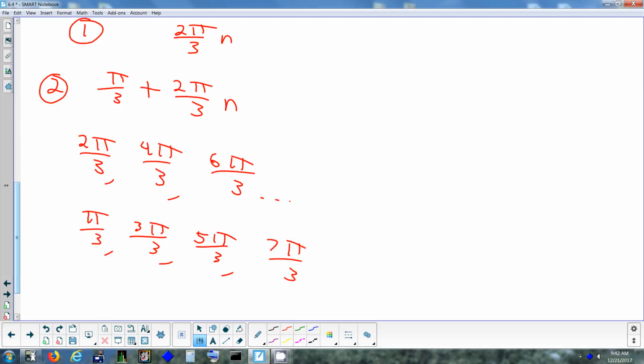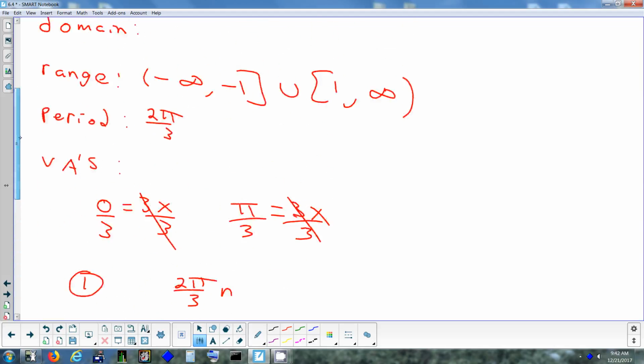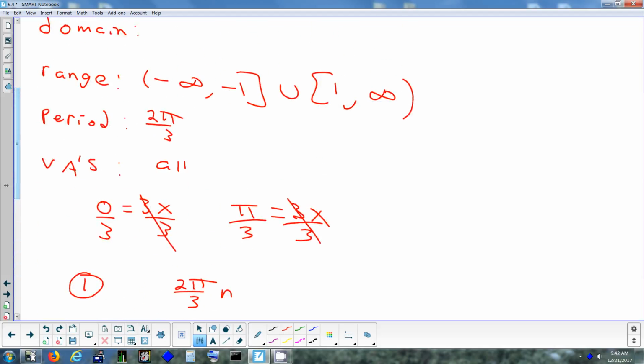Every multiple of pi over 3. Perfect. Yep. So the vertical asymptotes are all, not odd or even this time, all multiples of pi over 3.